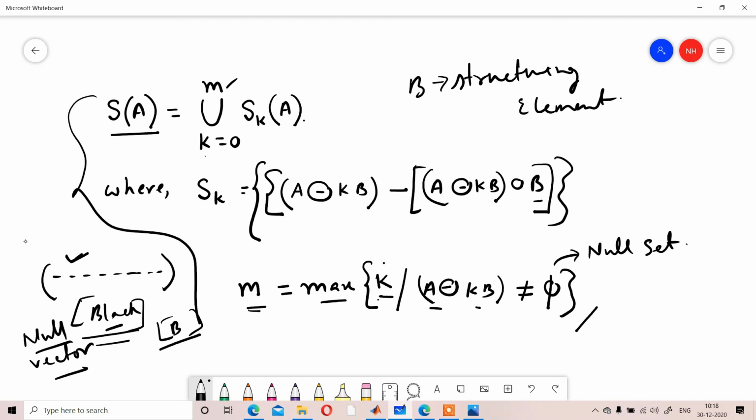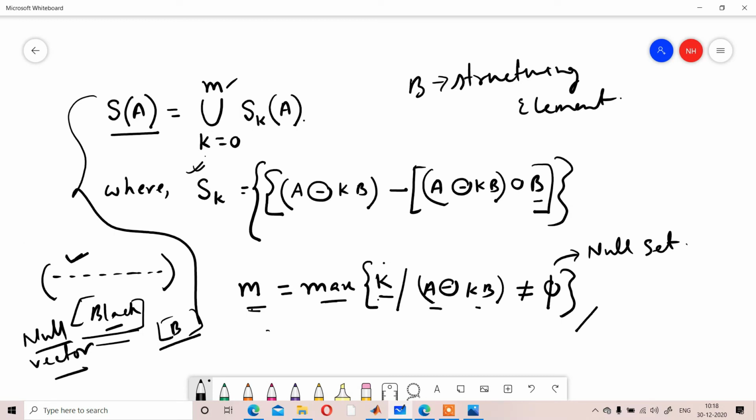For K equal to 1, A erosion B, for K equal to 2, erosion 2B. K will continue up to the M value. The value of M is such that the result Sk does not provide a null vector.